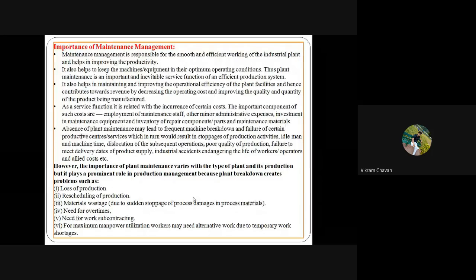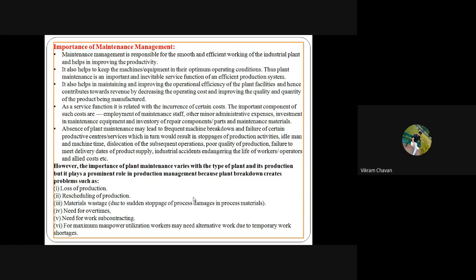The first importance is to run the industry at full capacity and improve the productivity of that industry. Productivity improvement is nothing but, after consumption of something, we are getting a higher output. Output divided by input is the productivity of any industry.